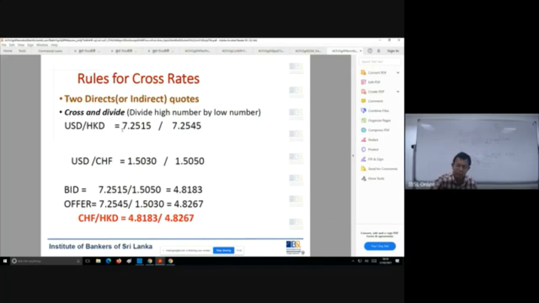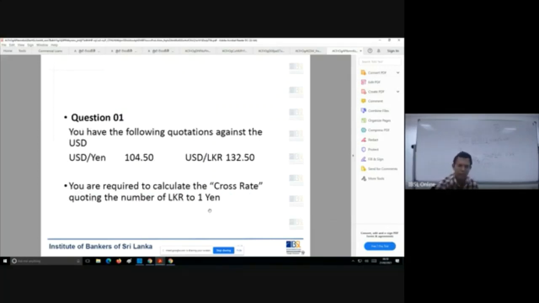Then, the answer currency pair is this; we only have to find out whether it is HKD CHF or CHF HKD. Who pays more here? HKD pays more. Then it should be on your right hand side. Left hand side always equals 1. Okay, that is how you decide it, right? And same thing.